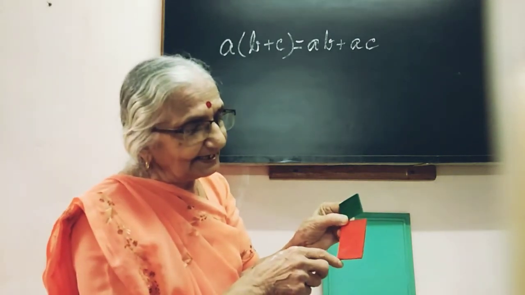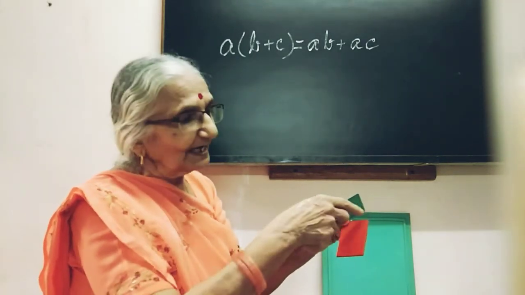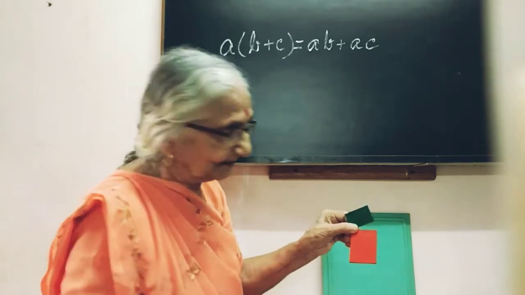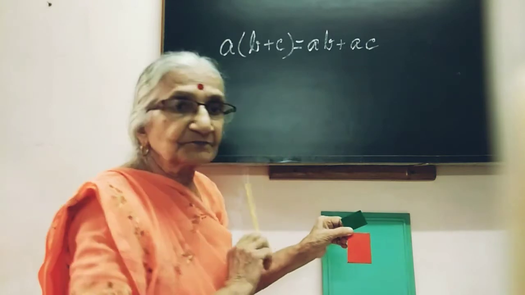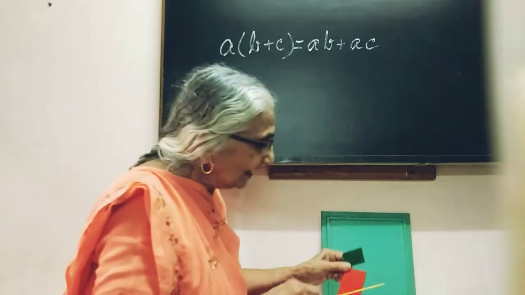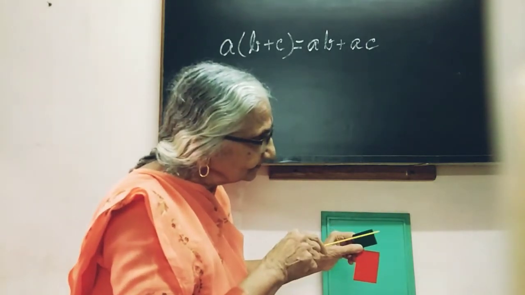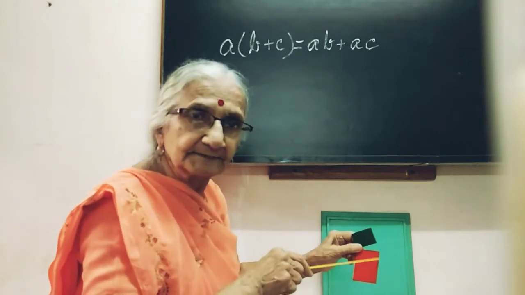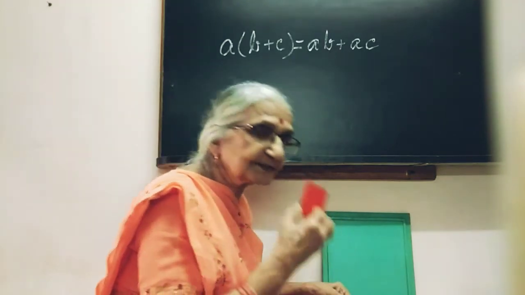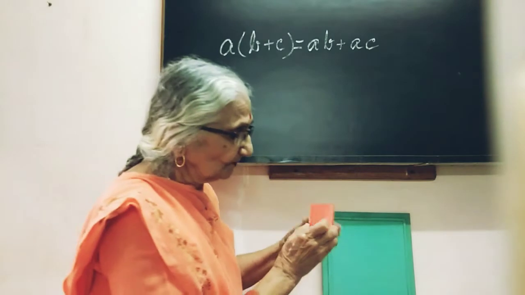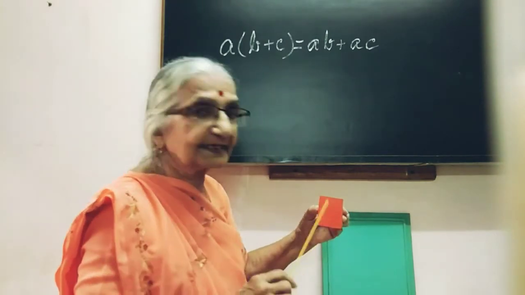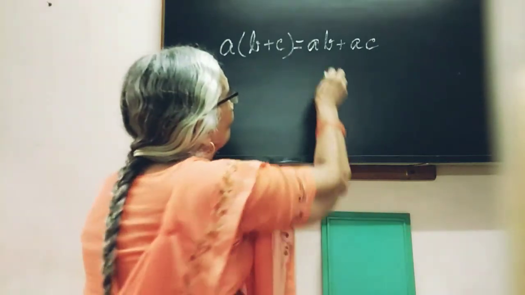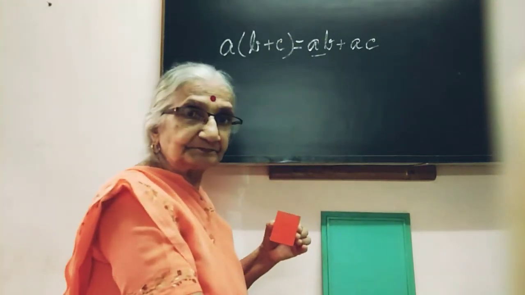If this is A, this will also be A, and so this and this will also be A. All the lengths are A, and this length is B. So this length we shall call C. Now what is the area of this rectangle? Well, this was A, this was B, so this area is AB.